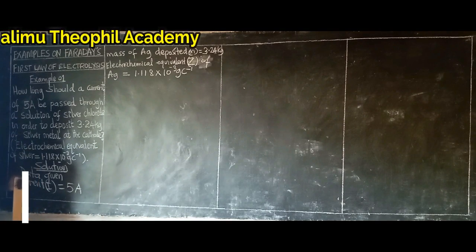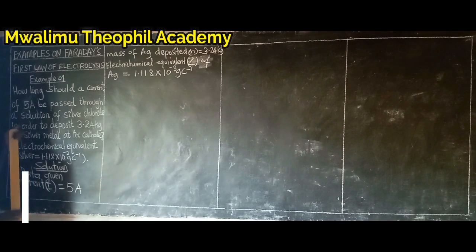And what is asked here? We are asked to find the time, as the question asks, how long should the current of 5 ampere be passed through a solution of silver chloride in order to deposit 3.24 kg of silver metal at the cathode.